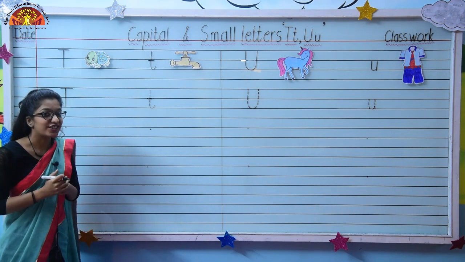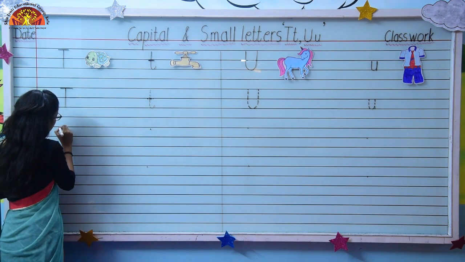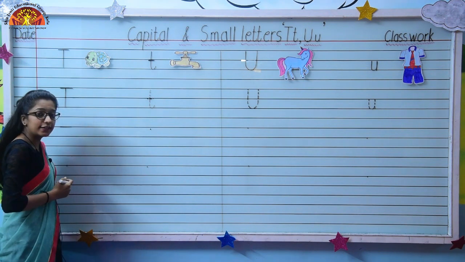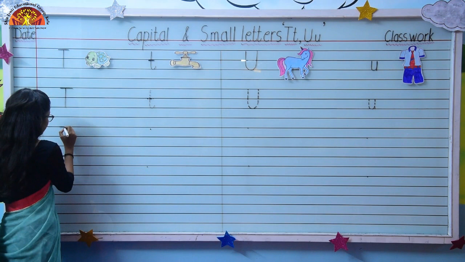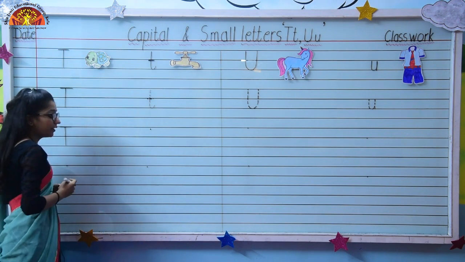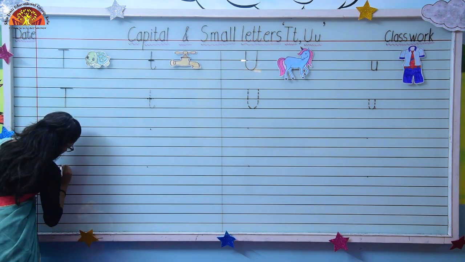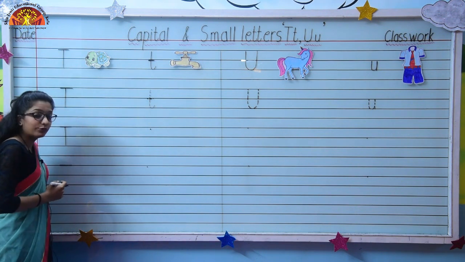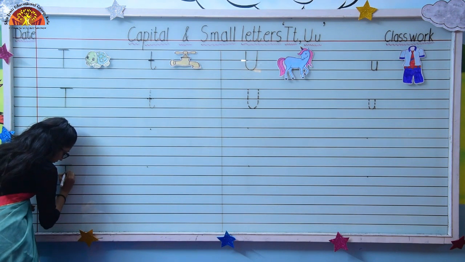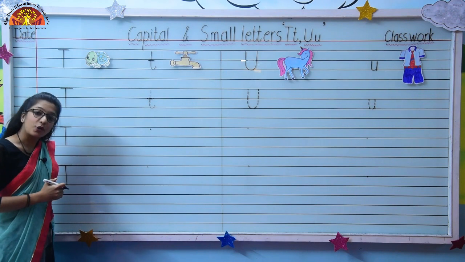Okay, now let's write on dot. First draw a sleeping line, then a standing line like this. One last time. Sleeping line, then one standing line. You have to touch these lines properly.